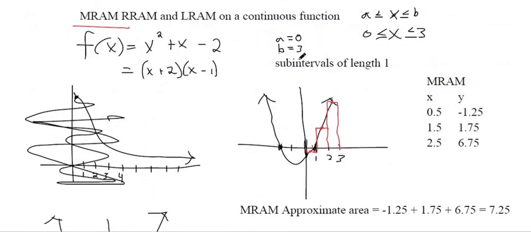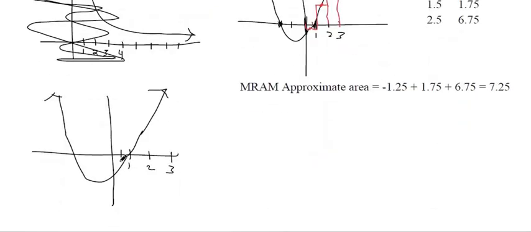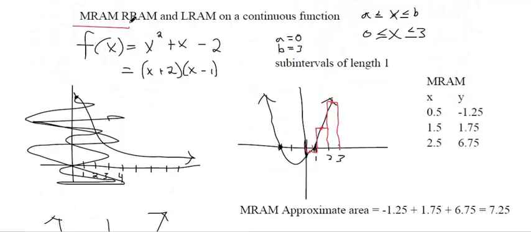There's our 3 subintervals because we're supposed to be estimating the area under the curve just between these x values and the subintervals of length 1. If that said length 0.5, then I'd be making subintervals like this: 1 to 1.5, 1.5 to 2. Okay, so I'll do RRAM next, and hopefully I can get you started on LRAM.